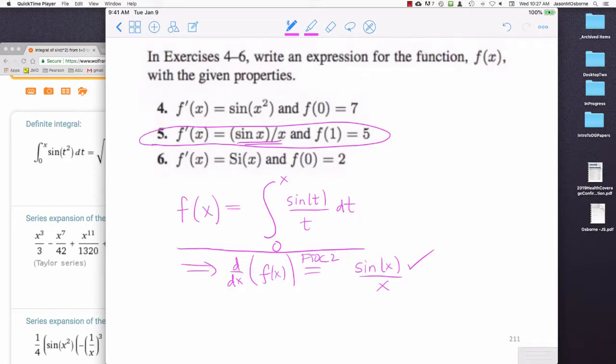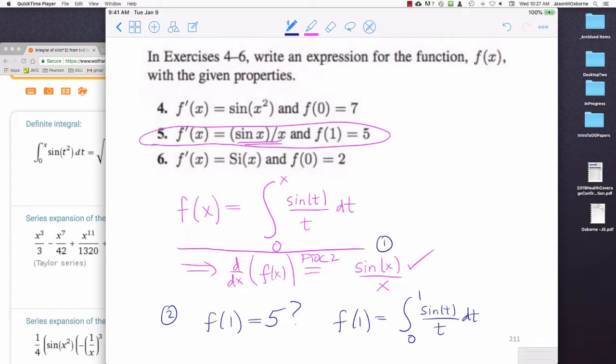Okay? So that's the first thing that we needed to check. The second thing that you needed to check was the value of this function at 1 equal to 5? Okay? So if you put 1 into the function that we just wrote down, you'll get the integral from 0 to 1 of sine of t over t dt. Yikes.